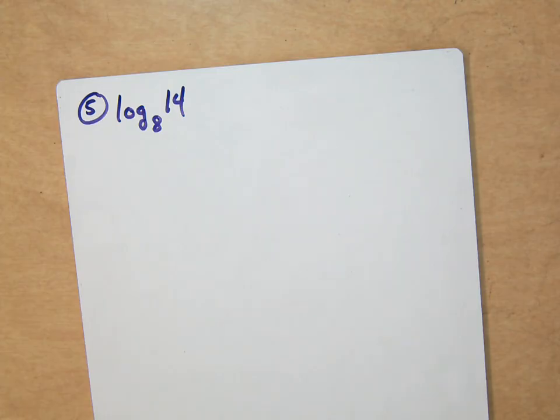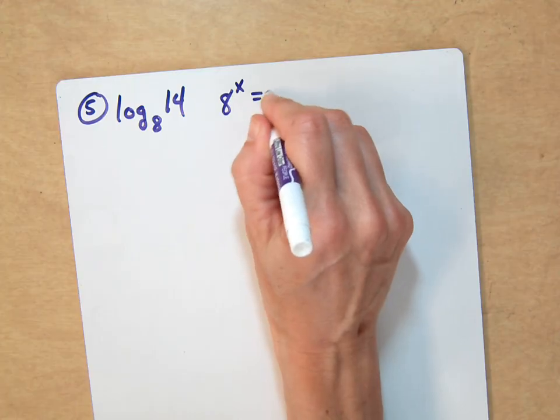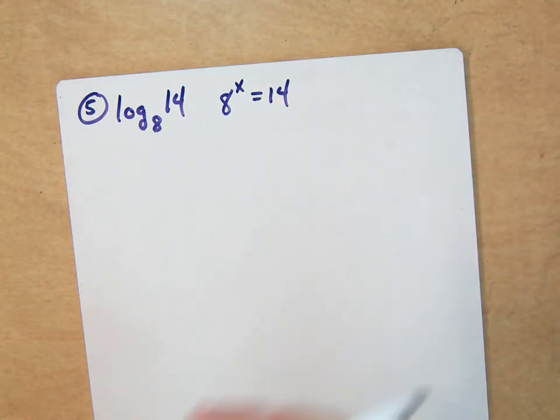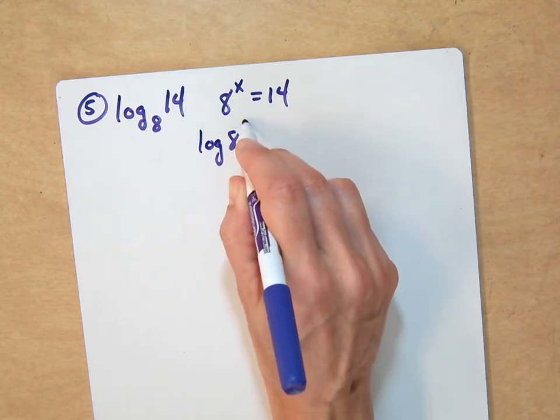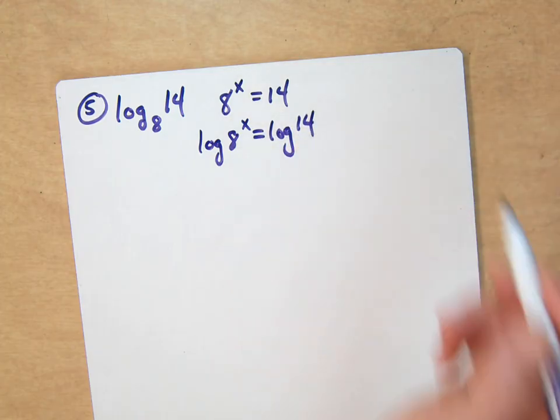Okay, I tried to pause it, that didn't happen. So we're asking 8 to the what power equals 14. So what do we do next? Good. Take the log of each side. Log 8 to the x equals log 14. And then?